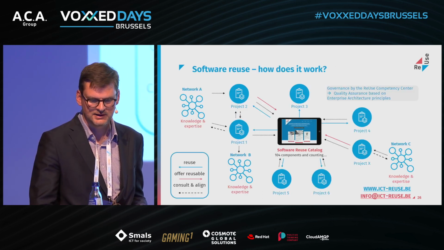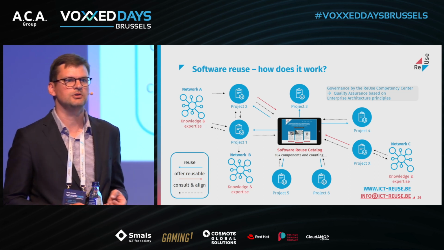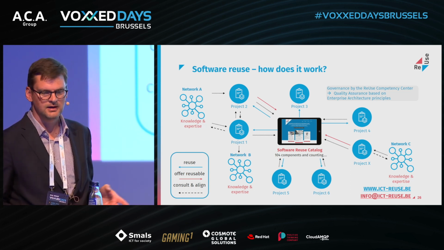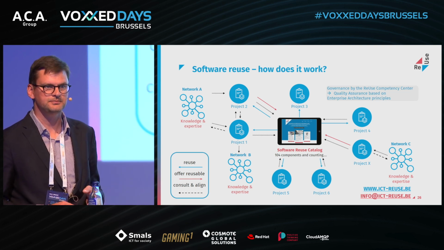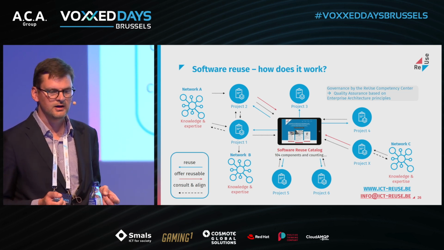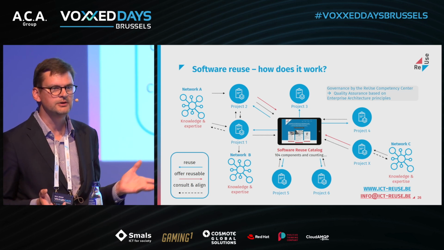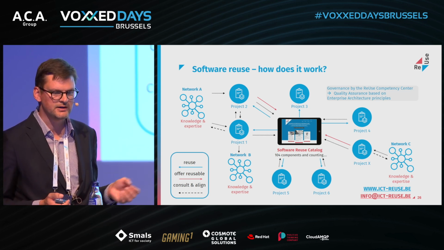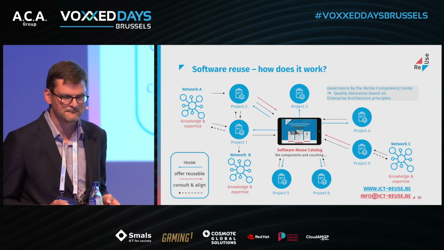And for that we have a catalog, and it is also freely consultable on the internet, ICT reuse.be. And at Smals we are working on that and using it as a tool to share existing components.